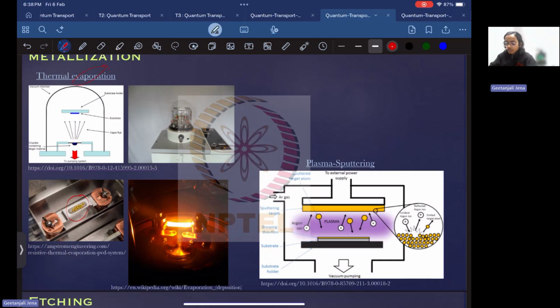Because of the heating, the metal will melt and evaporate, and after evaporation it will get deposited on the sample, the structured photoresist in the metallization stage. The other type is plasma sputtering, which is kind of similar, but it gives a more uniform metallization as compared to thermal evaporation.